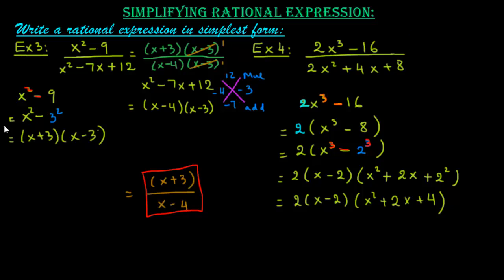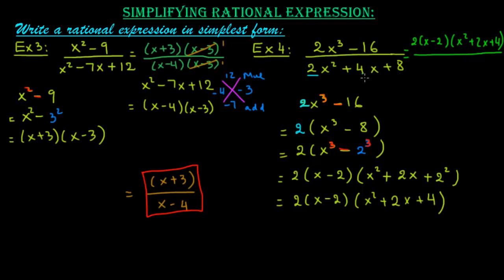Okay, so rewrite the top part as 2 times x minus 2 times x squared plus 2x plus 4. At the bottom, we have 2x squared plus 4x plus 8.